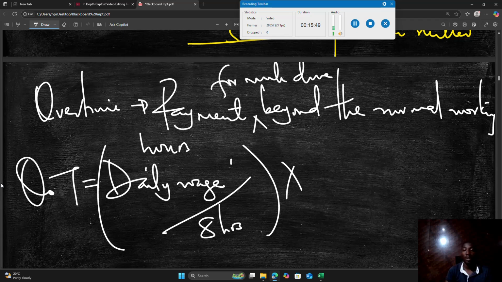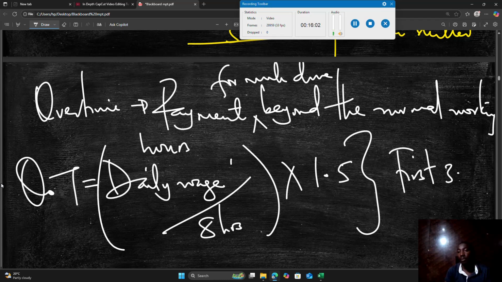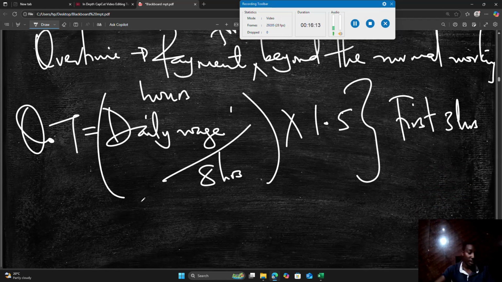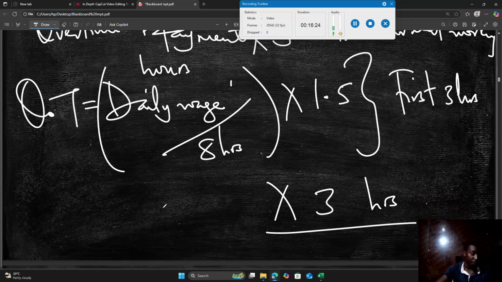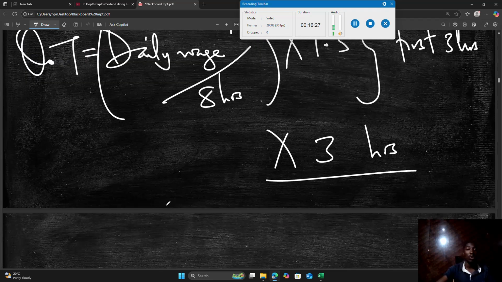So the hourly rate will be multiplied by 1.5 for the first 3 hours. After that, you may have to multiply the hourly rate by 3, because you're burning extra oil from them.